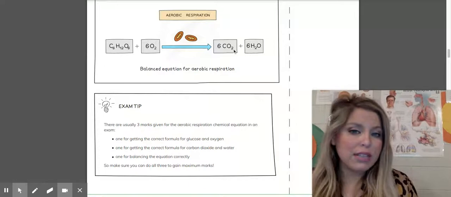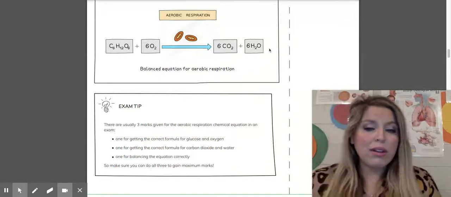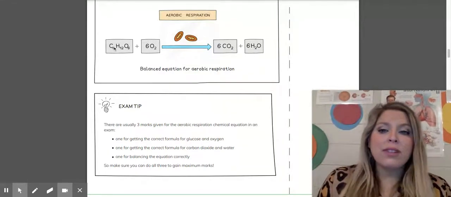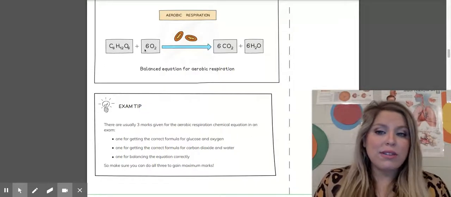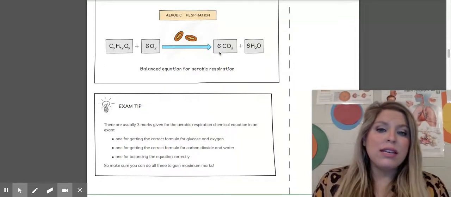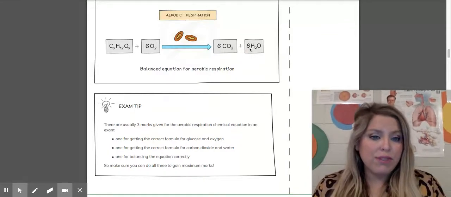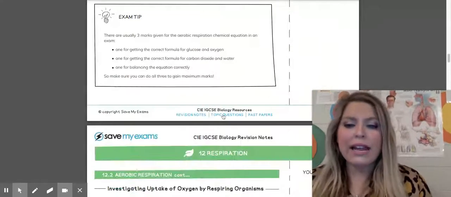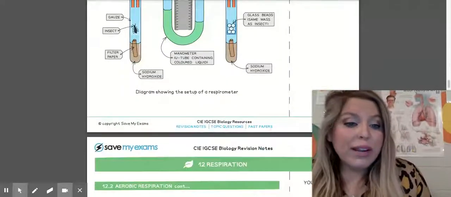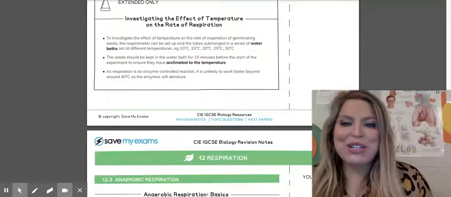If you can do CO2 plus H2O, you would get a mark. And then if you can balance it, so it's C6H12O6 plus 6O2 yields 6CO2 plus 6H2O, getting the numbers in front correct, okay?